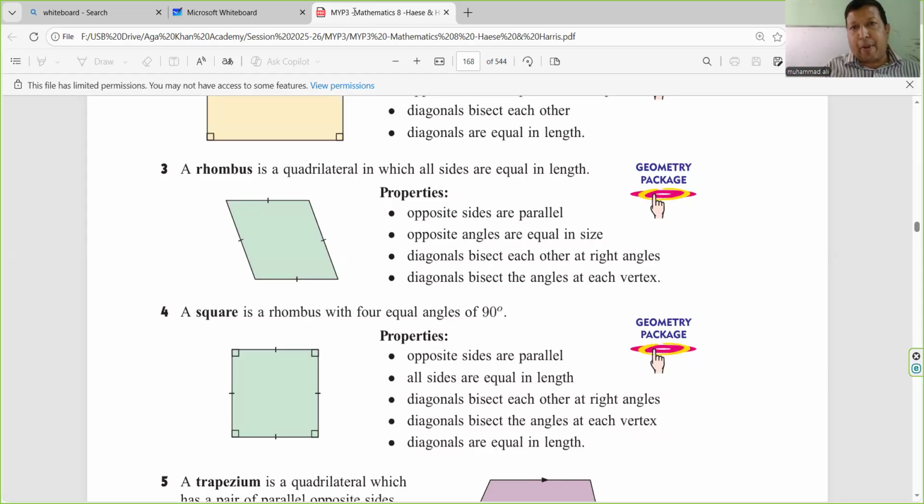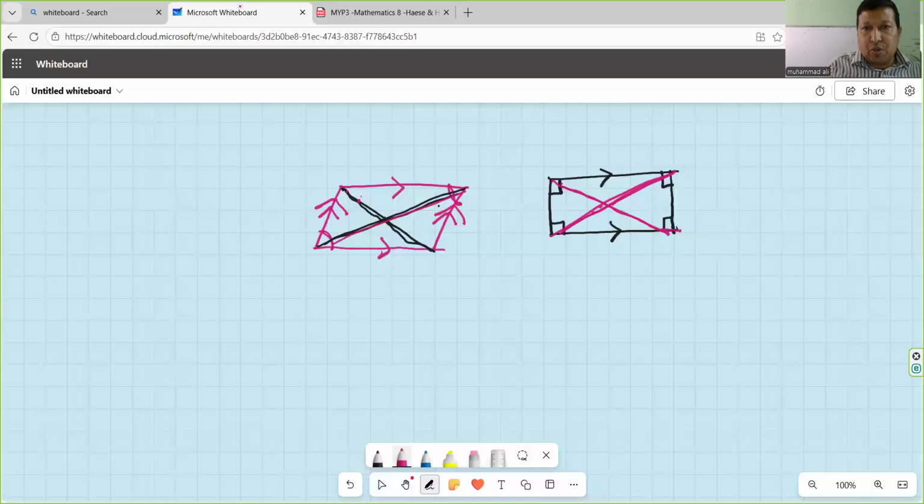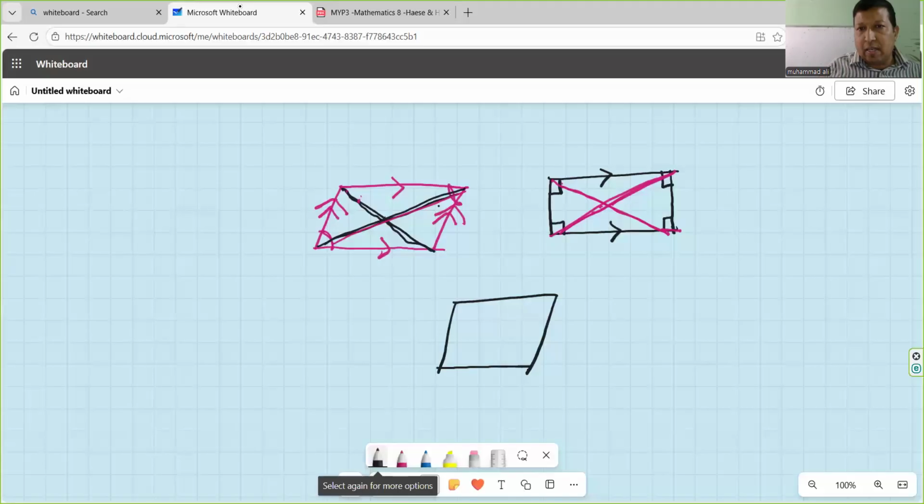So here are four properties. Opposite sides are parallel. Opposite angles are equal in size. Diagonals bisect each other at right angles. Diagonals bisect the angles at each vertex. Let me see. All sides are equal and parallel.